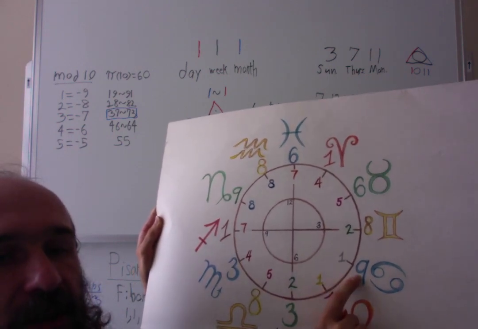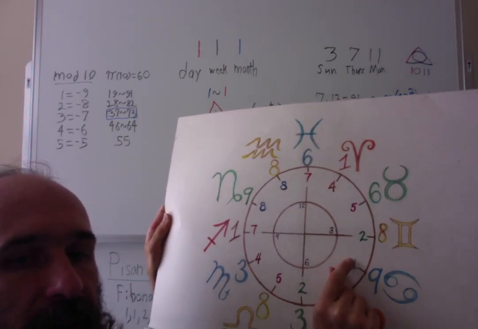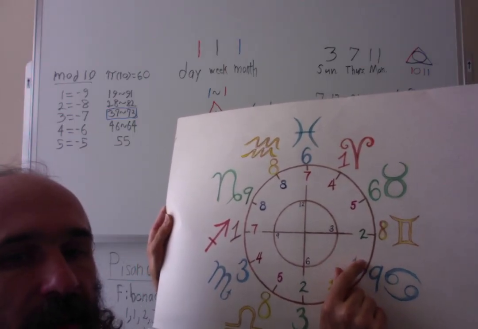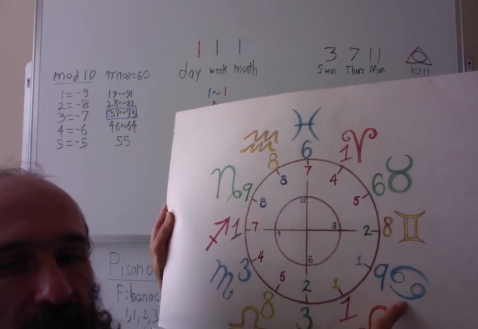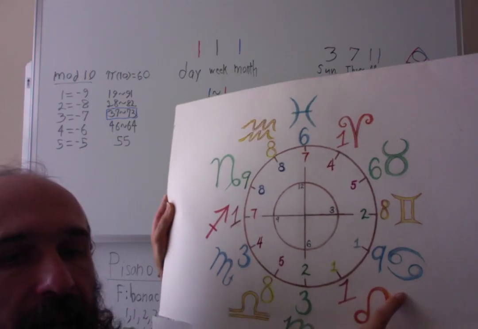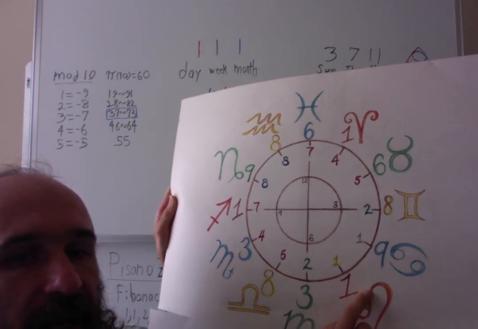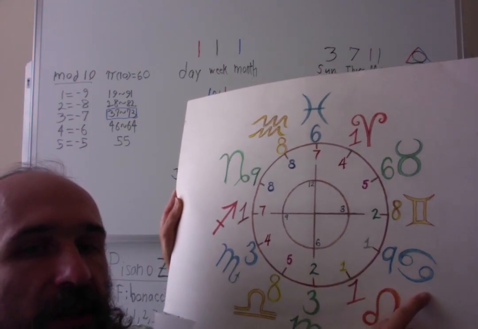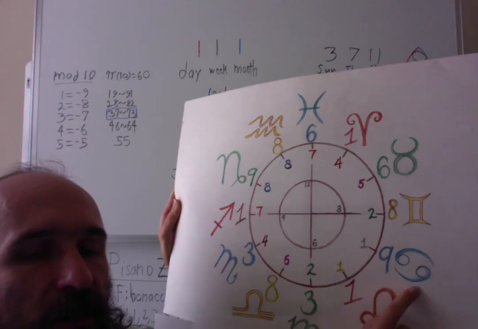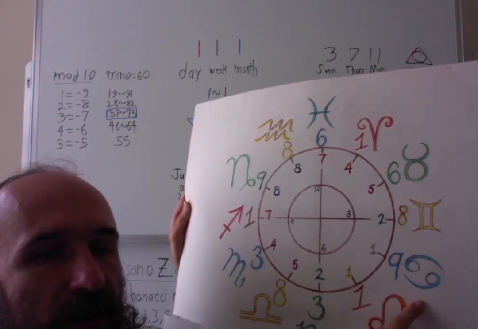Now here it's because 9 is 0, it's 1, 9, 1, 1. The end of the cycle, we have Cancer, symbolized by the crab, and then Leo, of course, the lion, water and fire.